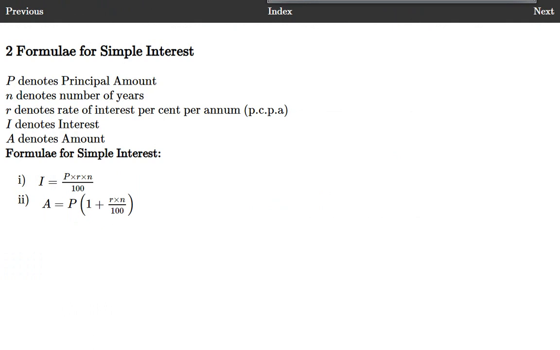First, we will try to understand the notation. P denotes principal, that is, principal amount. Simply we say principal, or we may call it principal amount.